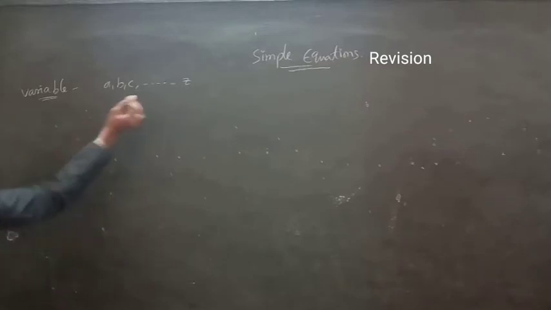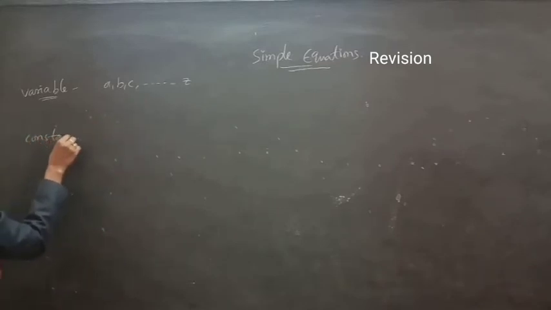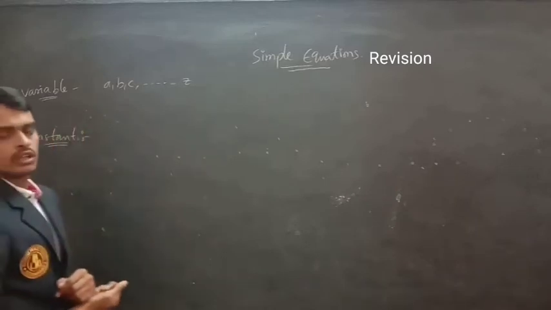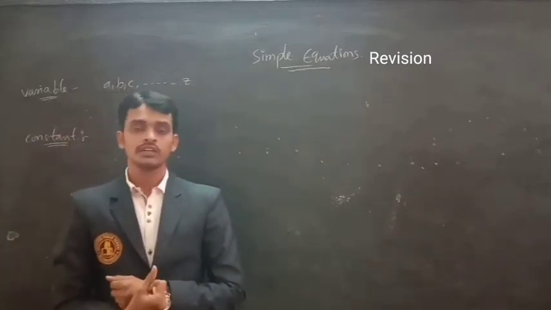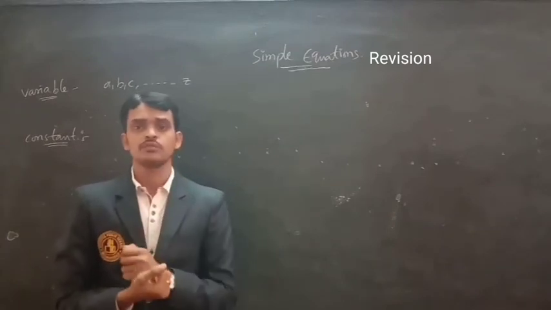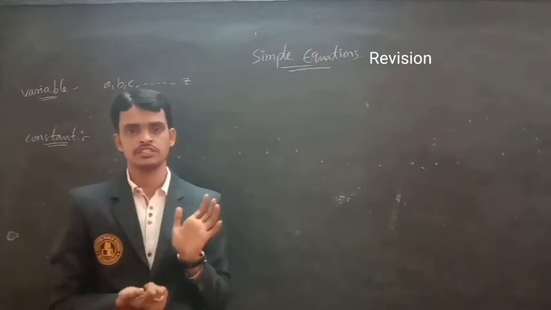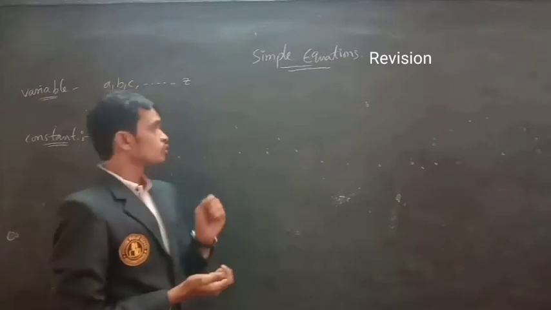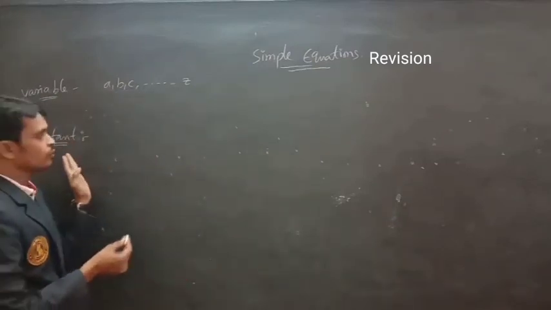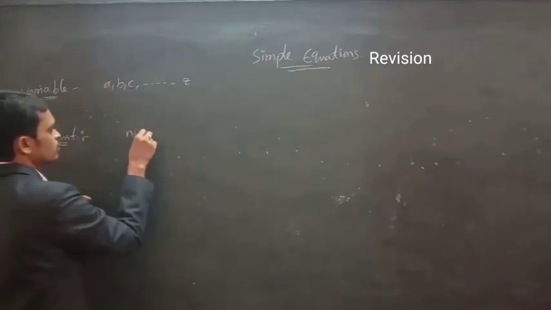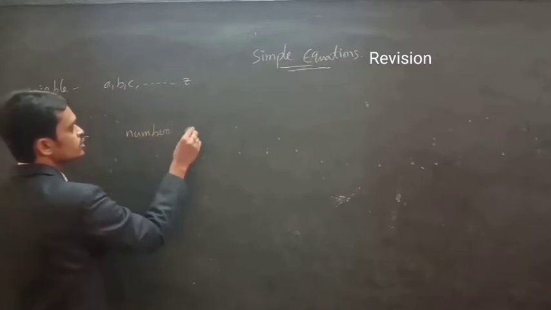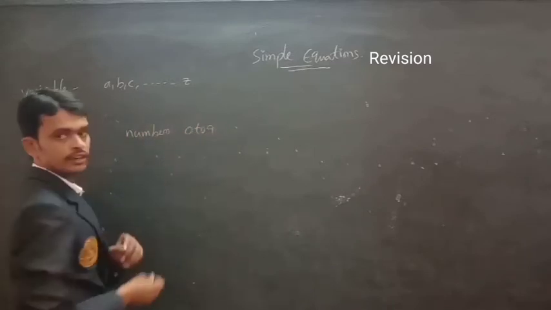Next, constant. A constant is nothing but a fixed value. A constant never changes. To represent constants, we use numbers 0 to 9.